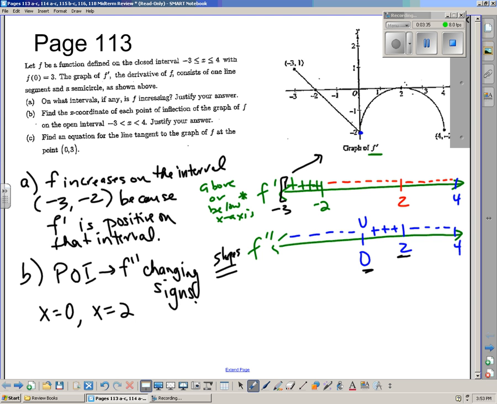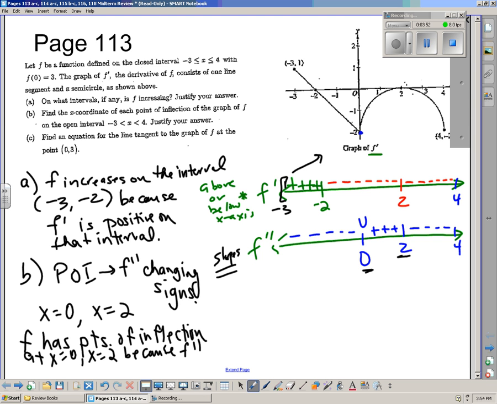So f has points of inflection at x equals 0 and x equals 2 because f double prime changes sign at those points. You could have also said that f prime changes direction if you wanted to. If f prime is changing direction, that corresponds to f double prime changing its sign. That's another acceptable answer.